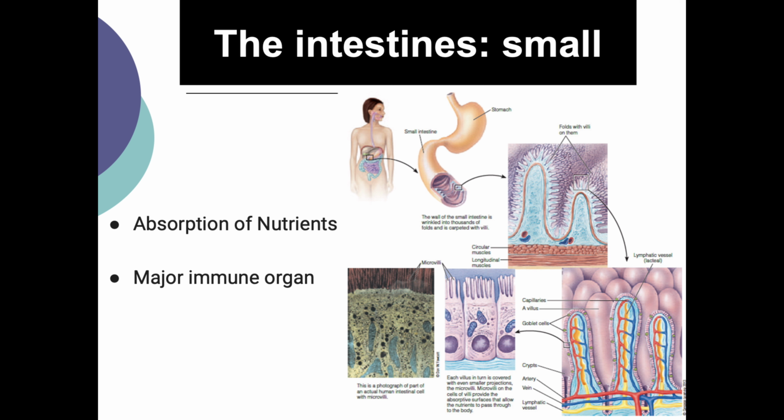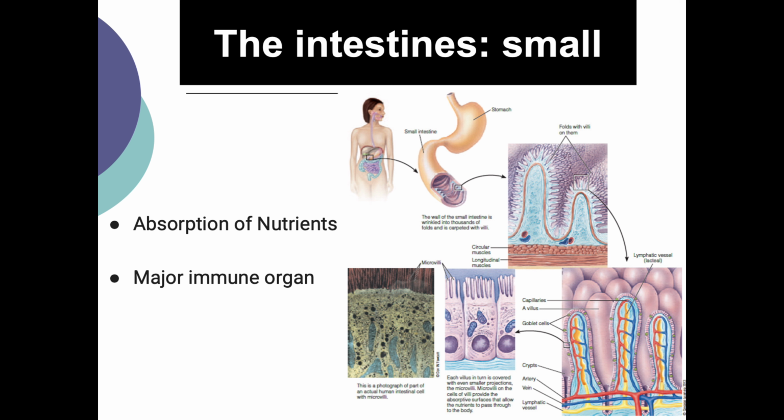Really clean. We just don't challenge our system enough, especially our immune system. This is also a massive immune organ. So we've got the blood supply collecting all of the monomers from carbohydrates, fats, and proteins as they enter: amino acids coming in, simple sugars like glucose and fructose, and fatty acids.